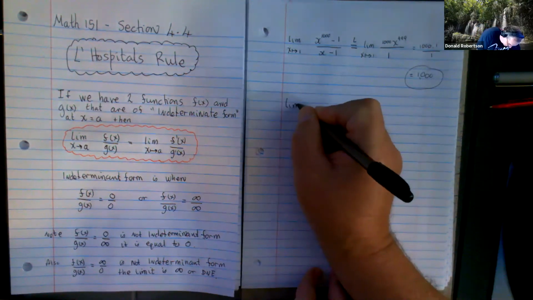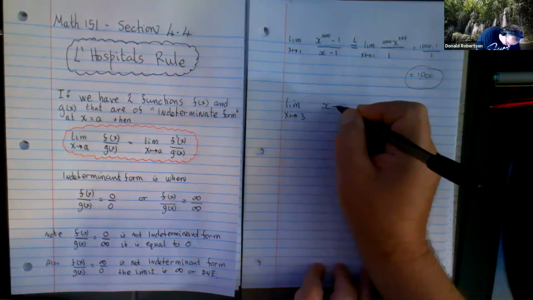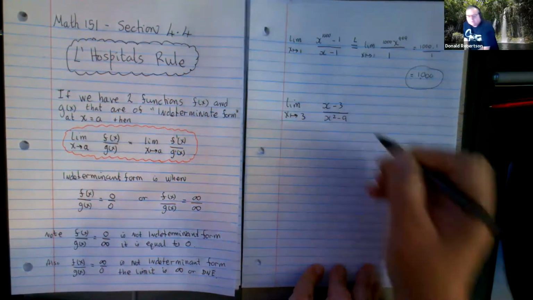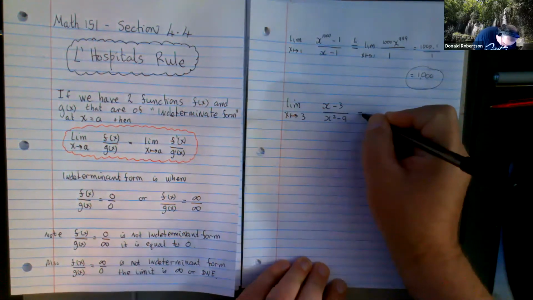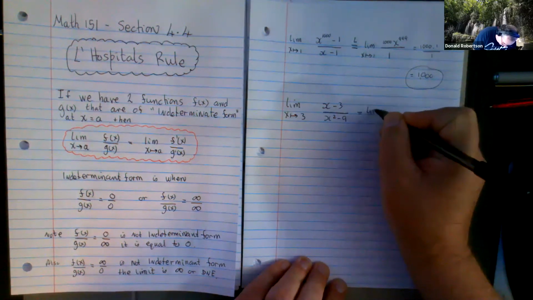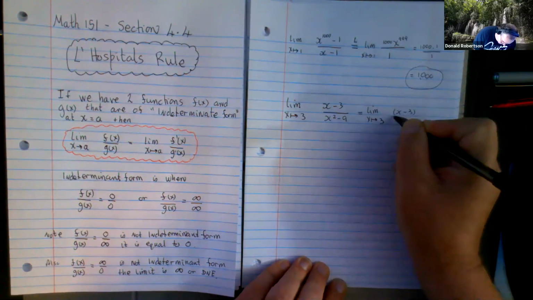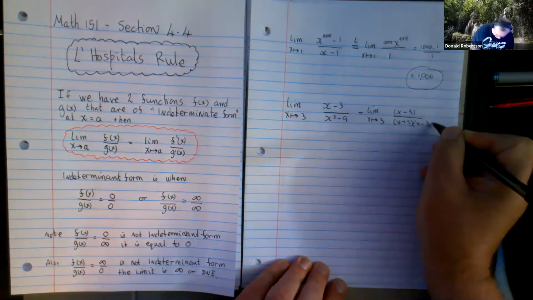Suppose I want to find the limit as x tends to 3 of x minus 3 over x squared minus 9. Now, in week 1, wouldn't we do factor and cancel? Right. So let's do factor and cancel just to show you what the answer is, and then we'll do L'Hopital and see if it works. If you use the factor and cancel method, you factor x squared minus 9 as a difference of two squares.